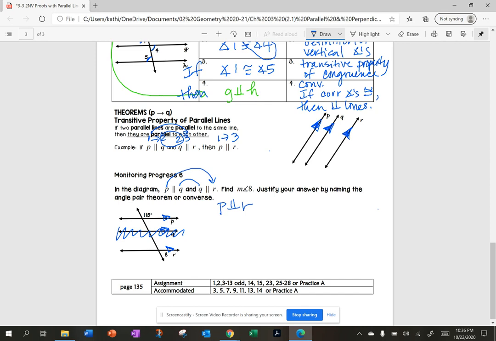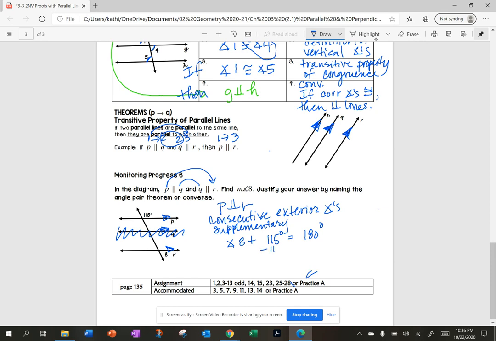These are consecutive exterior angles, and they are supplementary. So when I add them together, angle 8 plus 115 degrees equals 180.